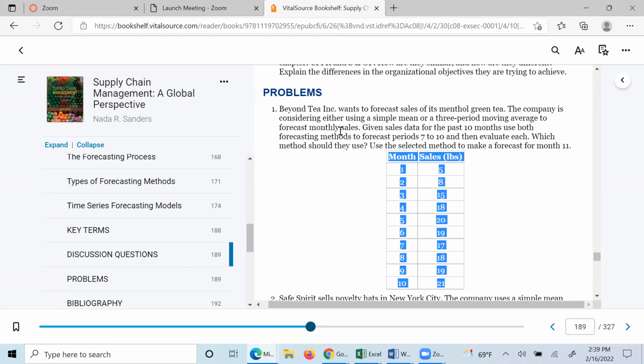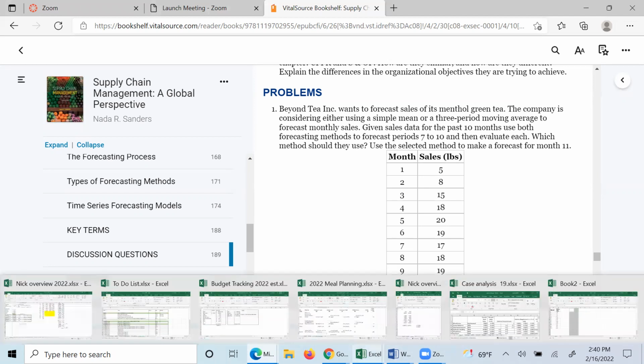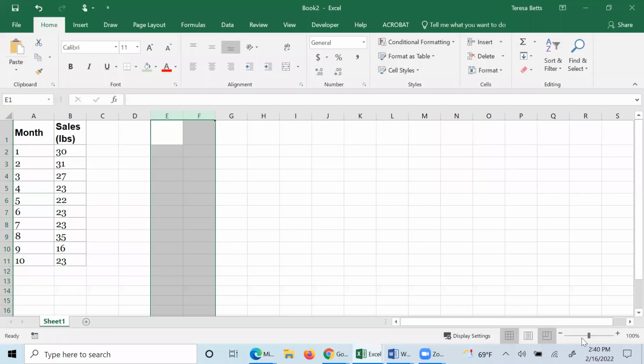Given sales data for the past 10 months, use both forecasting methods to forecast periods 7 to 10, and then evaluate each. Which method should they use? The selected method is used to make a forecast for month 11. So we're going to pretend like we have this data, but I've revised it so that you won't just be able to copy and paste answers in. We're going to come back over to this spreadsheet and walk through how to do that.